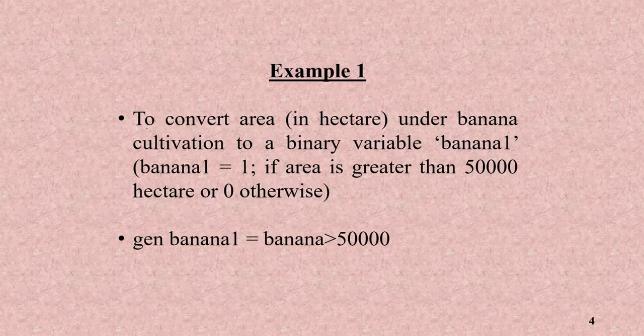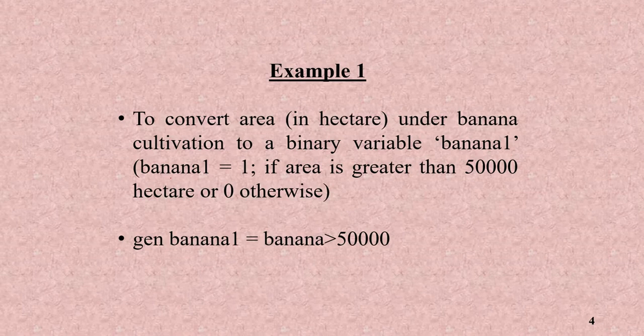We are interested to convert area under banana cultivation to a binary variable banana1. That is, banana is the original variable which is about the area in hectare under banana cultivation in Assam. And from this, we are going to create a new variable which is binary in nature, and the name of the new variable is banana1.